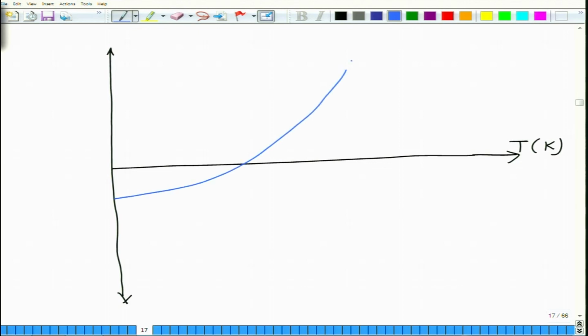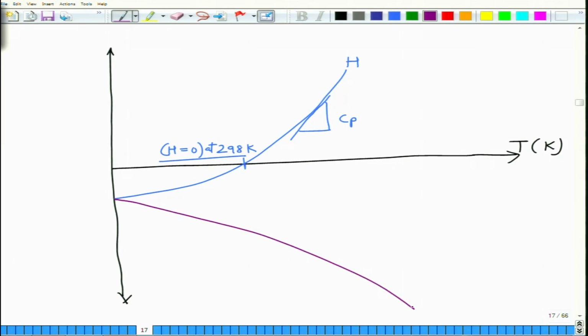This is the variation of H, and the slope of this of course will be nothing but Cp, and this is, you can say, 298 Kelvin when H is equal to 0, and the free energy goes like this, and the difference between these two is nothing but TS.